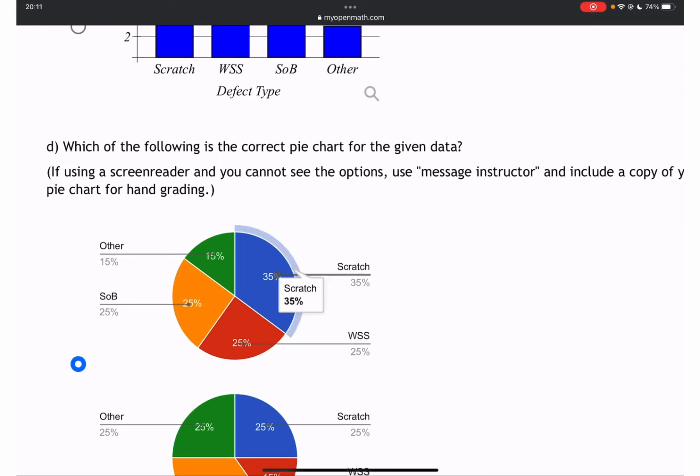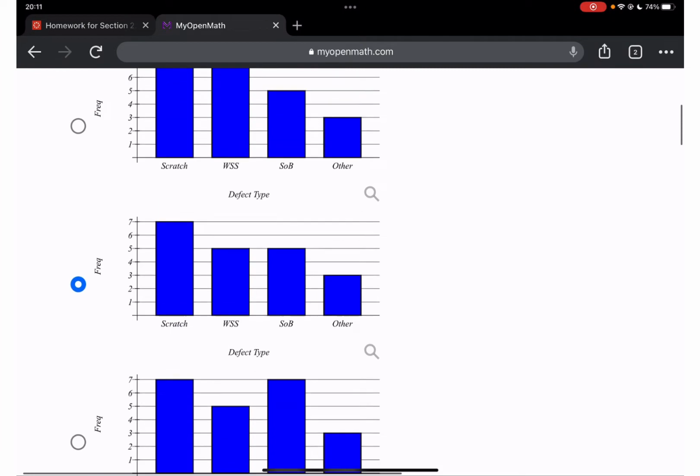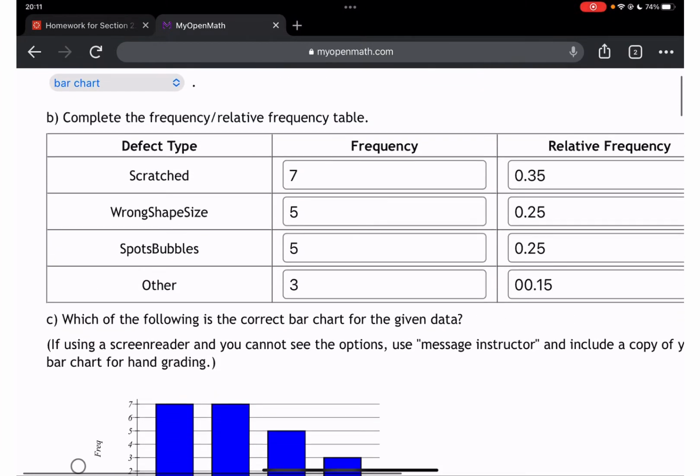Let me write it down to make it easy. Scratched 35%, wrong 25, spot bubble 25, and 15.